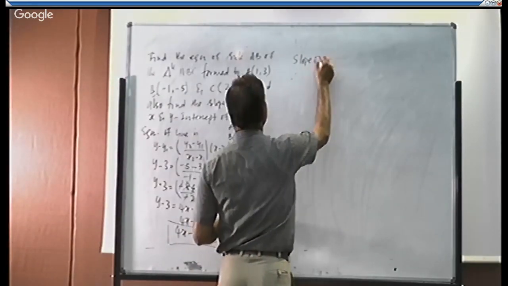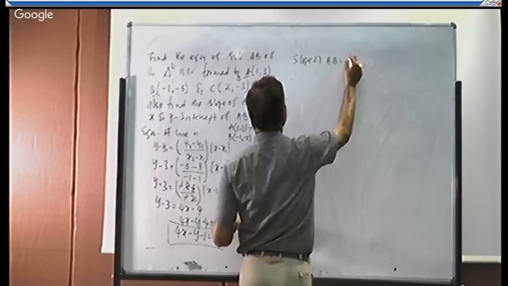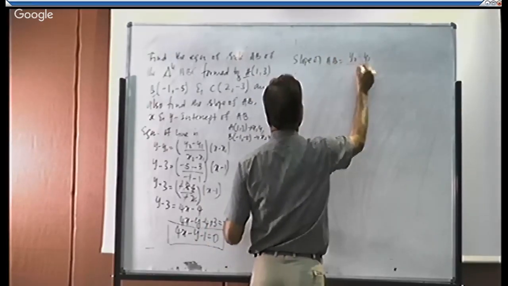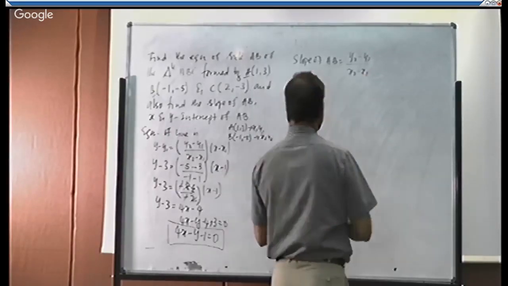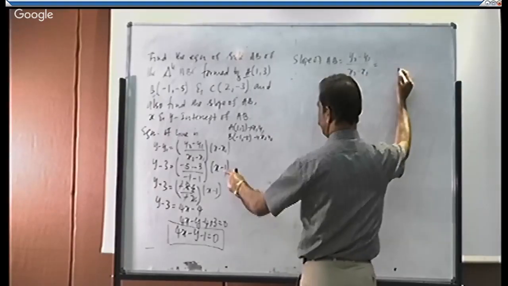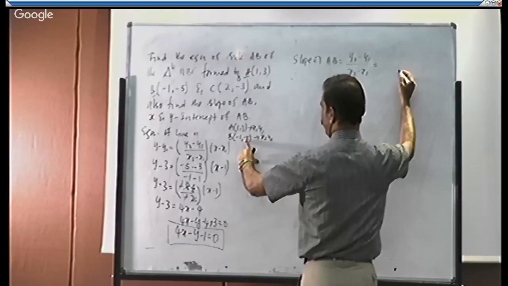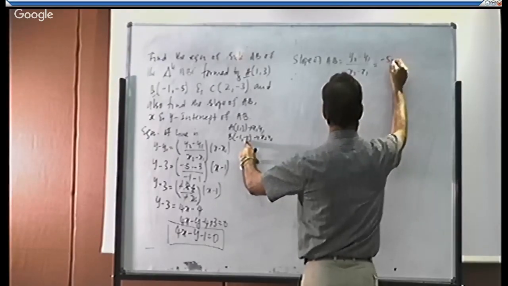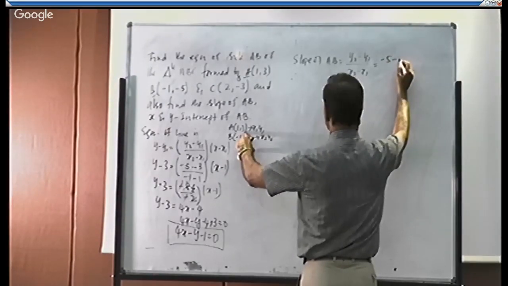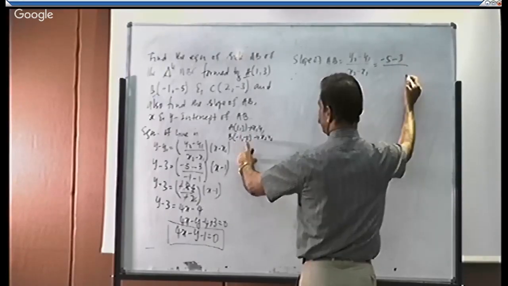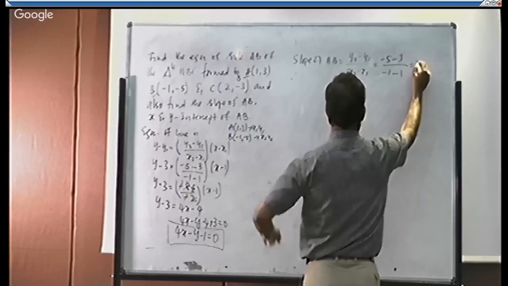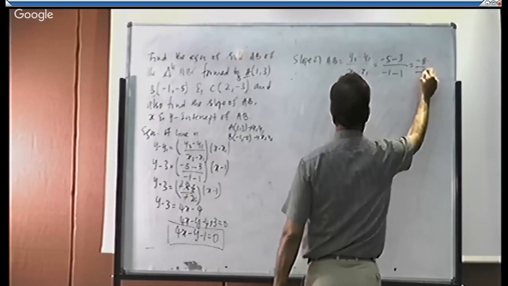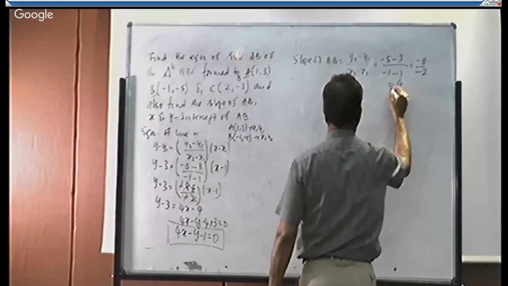Slope of AB is y2 minus y1 divided by x2 minus x1. y2 is minus 5, minus y1 which is 3, x2 is minus 1 minus 1, so minus 8 divided by minus 2, which is equal to 4.